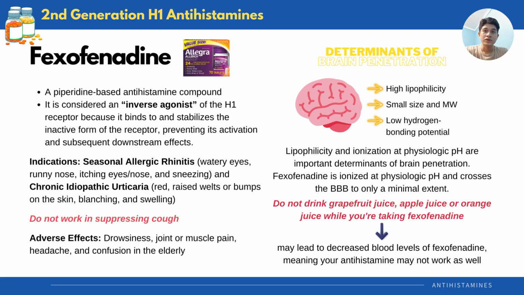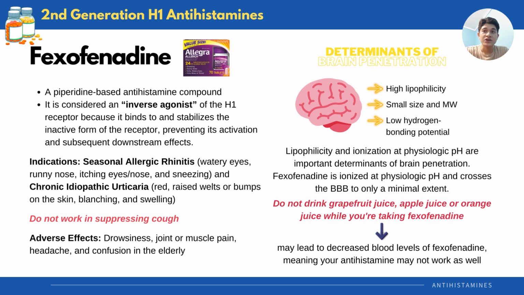So, we learned from the previous antihistamines that the second generation H1 receptor blockers were developed to reduce adverse effects while retaining efficacy. The third non-sedating antihistamine is fexofenadine. Fexofenadine is a highly selective second generation antihistamine, effectively alleviating symptoms of allergic rhinitis and chronic idiopathic urticaria.